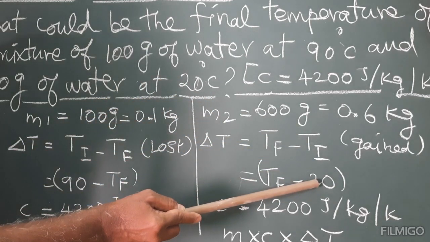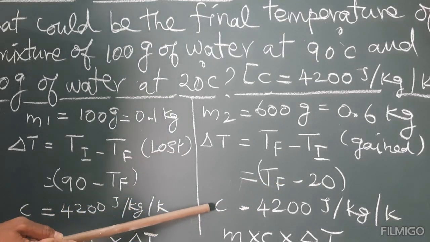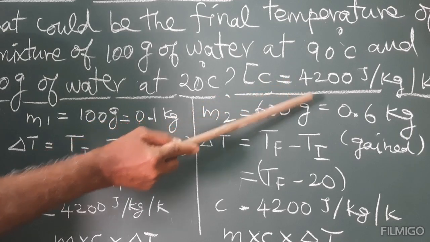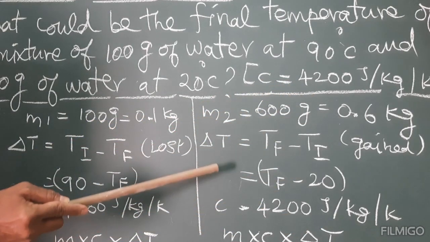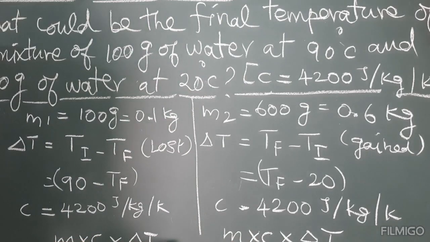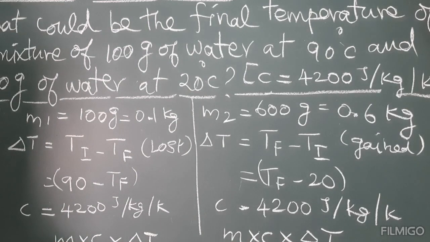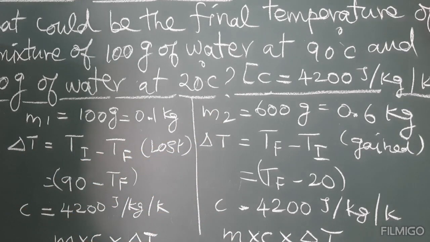C is common to both sides, so it is given as 4200 with unit. The same formula is used for heat gained: mass into the specific heat capacity of water into delta T. Using these two, we know that the heat lost is equal to the heat gained. By applying all the values in these two formulas, we can finally reach the answer.